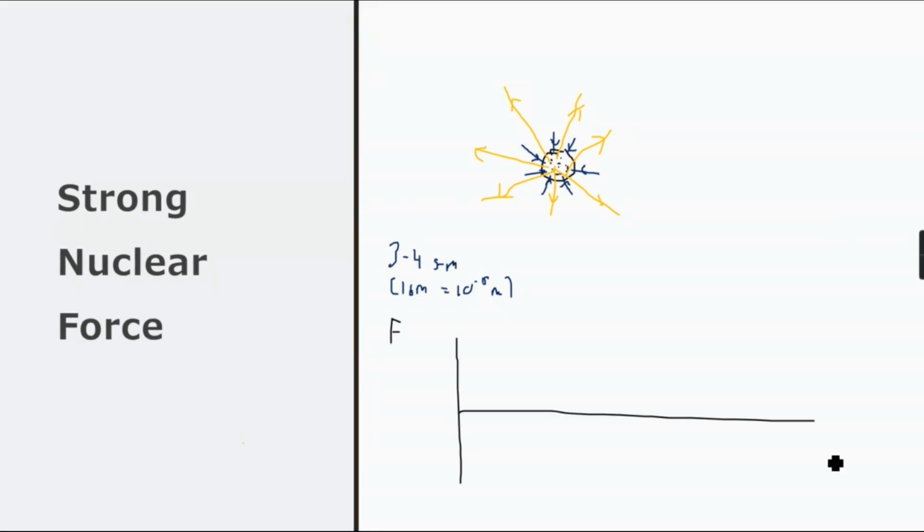Graphically, distance from the center of the nucleus is on the x-axis, and this line is 0 force. Forces above this line we call repulsive, and attractive forces are beneath. So the electrostatic force, as we said, tends to repel, especially when it's really close to the nucleus. But as we move further away, that force decreases.